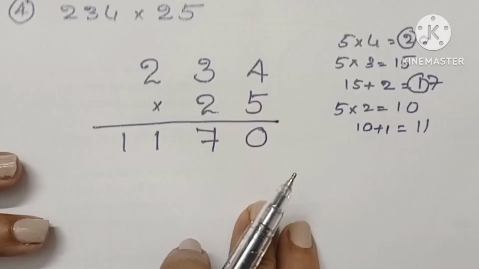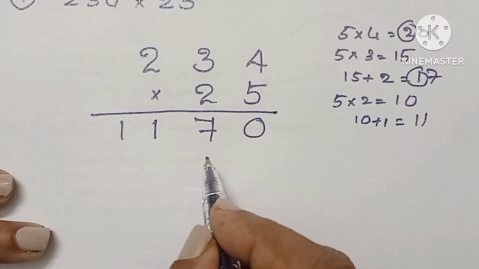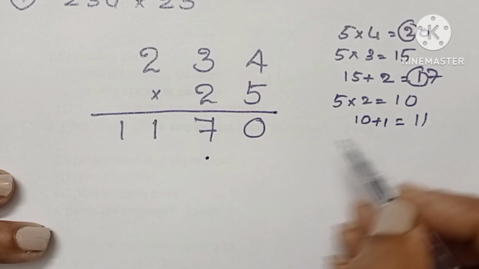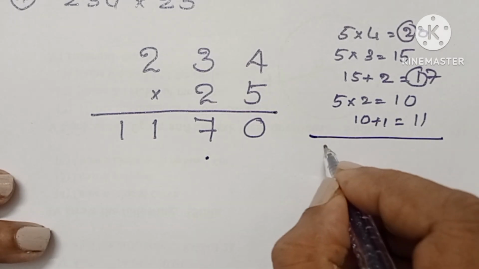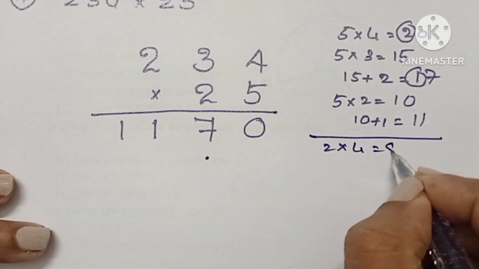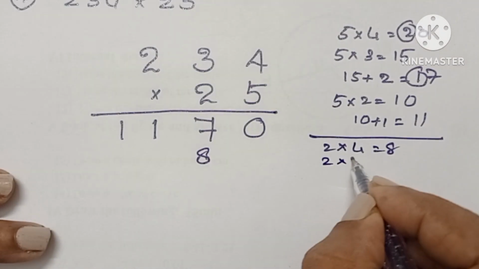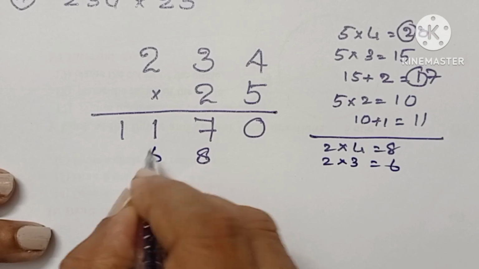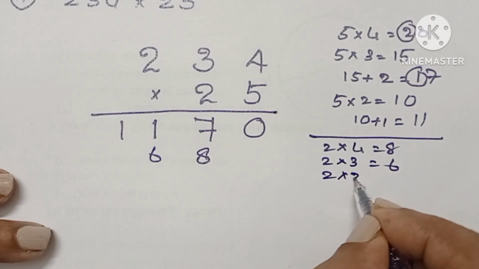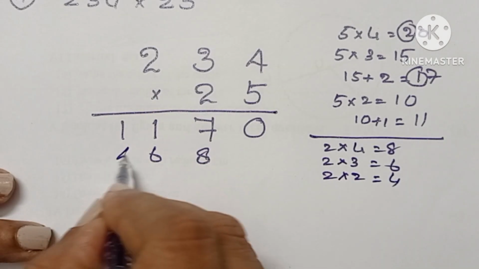Therefore, we have to write the answer from the tens place. 2 into 4, 8. 2 into 3, 6. 2 into 2, 4.